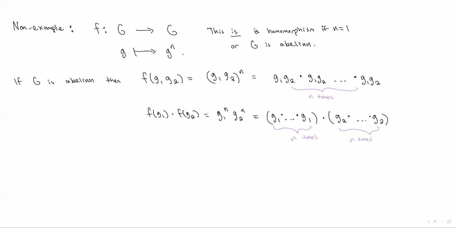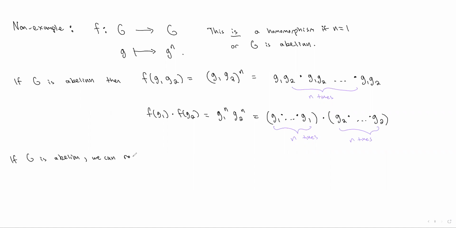So if G is abelian, we can move the g1s and g2s around. So if G is abelian, then in a product, you can move the terms around, you can reorder them. So maybe that's a better word. We can reorder the g1s and g2s.